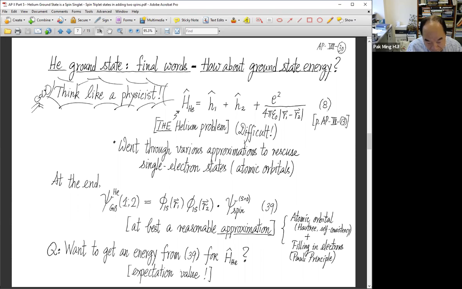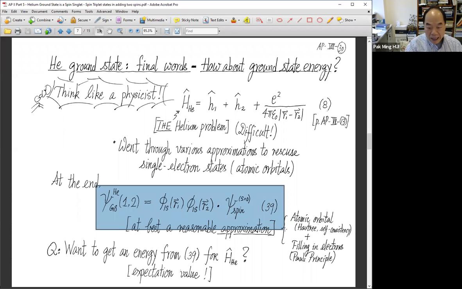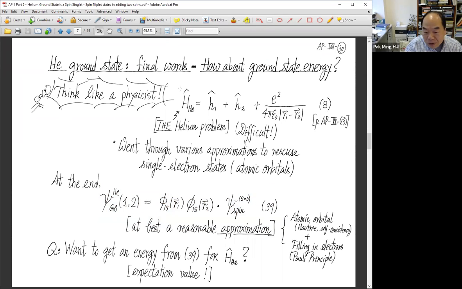And last week, we learned how to handle the helium atom Hamiltonian and then try to approximate it into a single electron Hamiltonian so that we can solve for the 1s state.